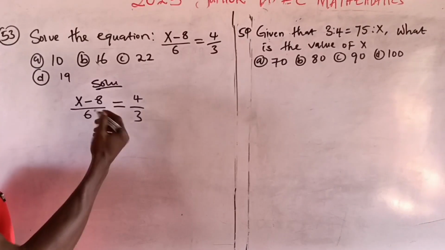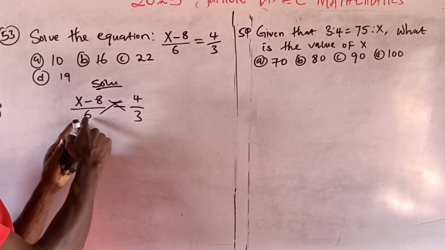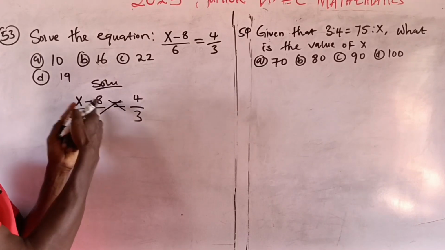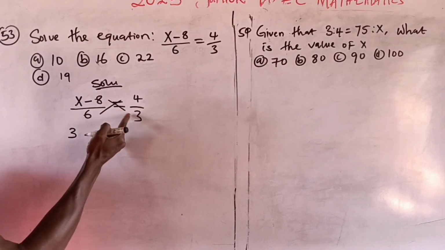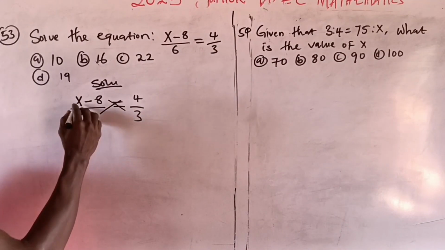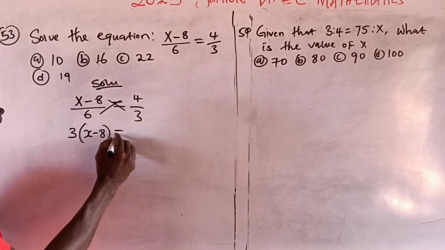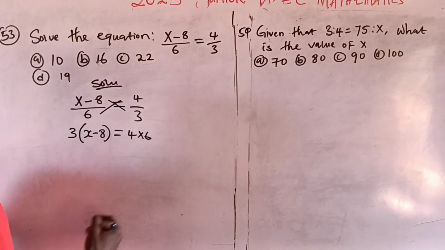Very simple, you just need to cross multiply. So this 6 we multiply with this, while this 3 we multiply with this. So we have 3 going to this side. So 3 open bracket, s minus 8 close bracket equals 4 times 6.